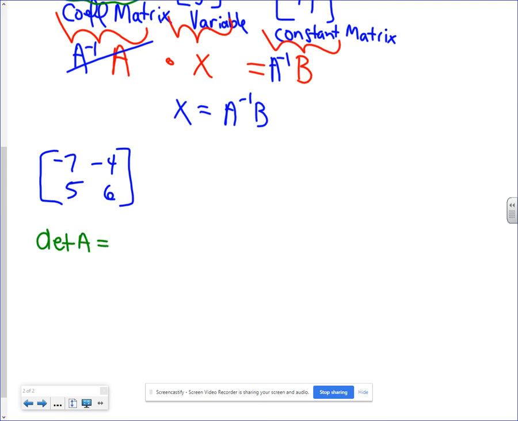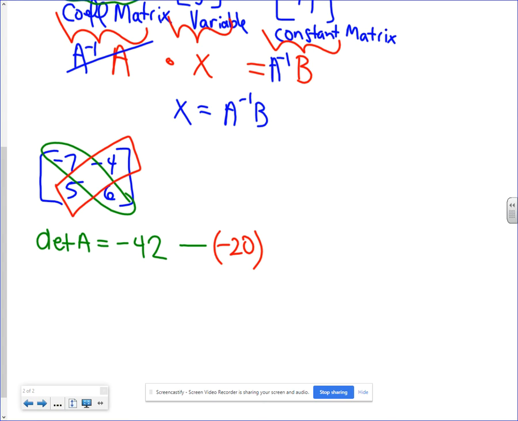So we're going to multiply these together. Negative 7 times 6 is negative 42. And then when you're finding the determinants, always subtract. What are we subtracting? Whatever this multiplies to be. 5 times negative 4 is negative 20.